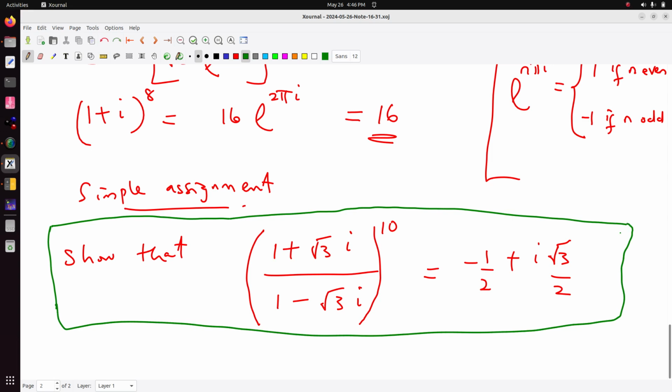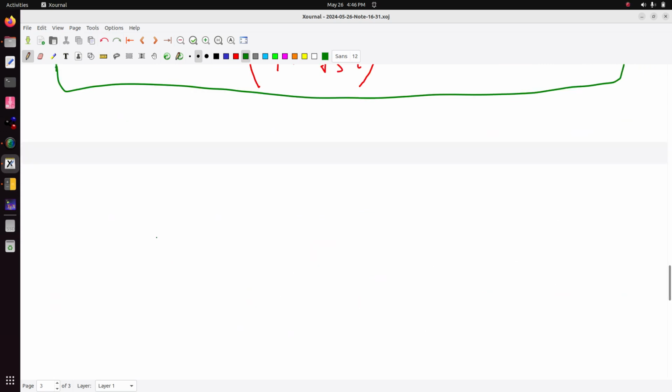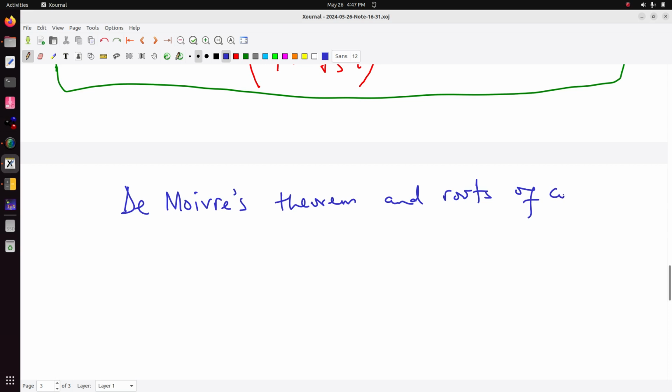Okay, next is De Moivre's theorem and roots of complex numbers.